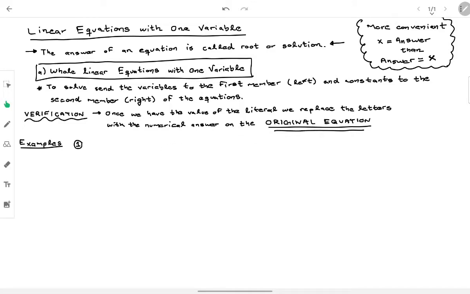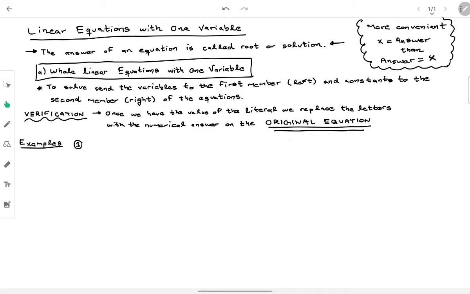We will need to do that verification when asked. We replace the letter or the variable with the numerical value we have as the solution and check in the original equation. That's very important. The verification process, we will always do it on the original equation.